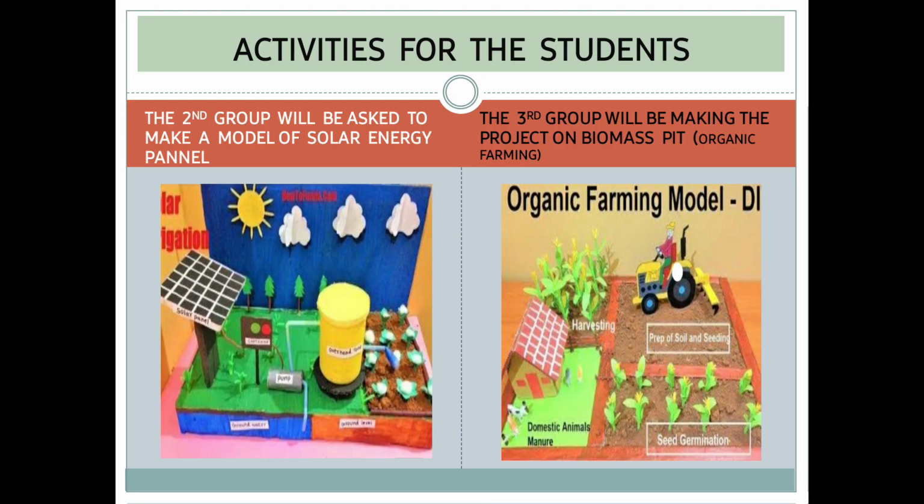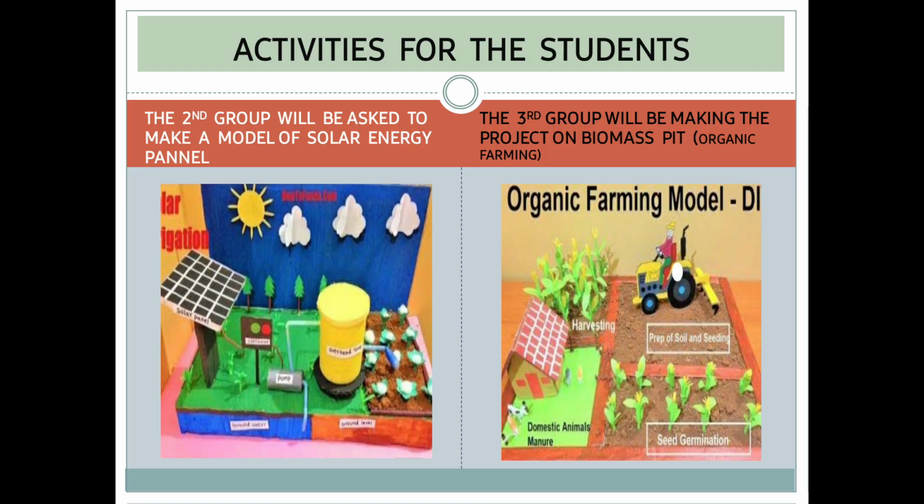Then the second group will be asked to make a model of solar energy panel. What is the second model? The second model, here we can see how the solar energy is actually generated. If students try to connect to the energy and try to understand how the solar panel works, then this workshop will help them to create their own solar panels.